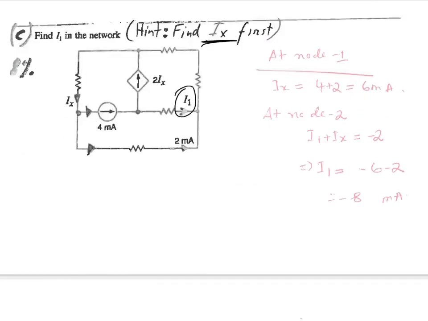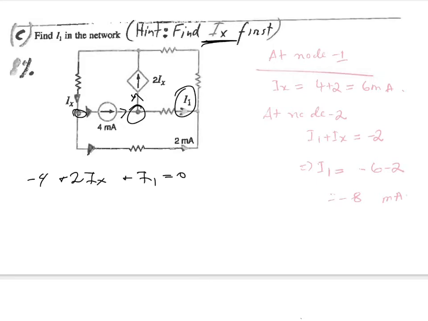Find I1, which is here. It says find Ix first. Let's just do nodal analysis here and see what happens. So flowing into it is going to be a -4, and then this branch here going out of it is 2Ix. Then on the right hand side we have plus I1 is equal to 0. And then Ix, so let's solve for that by looking here.